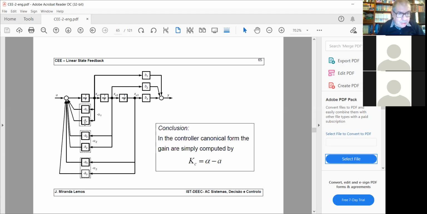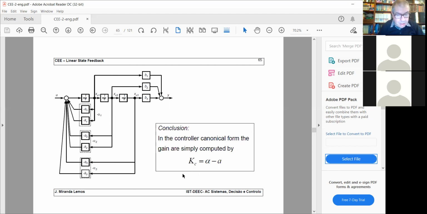And if I want these values to have some assigned value alpha1, alpha2, alpha3, then I just have to solve the equation minus alpha1 equals minus a1 minus k1 in relation to k1.